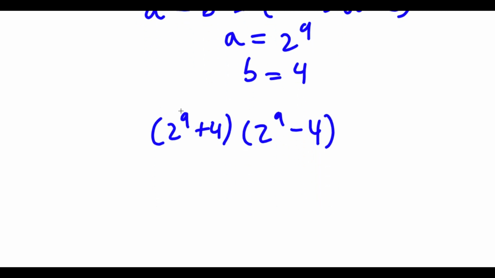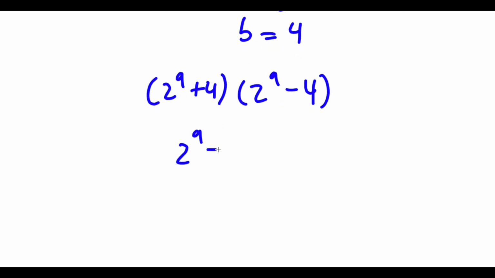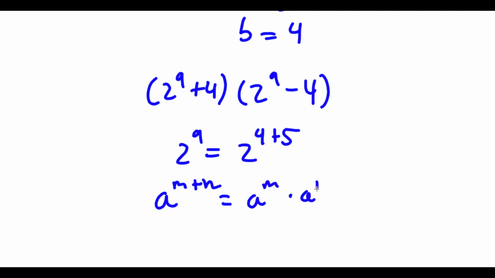Now 2 to the power of 9, let's go ahead and solve for this. 2 to the power of 9 is the same thing as 2 to the power of 4 plus 5. And now if I have something in the form a to the power of m plus n, this is equal to a to the power of m times a to the power of n.